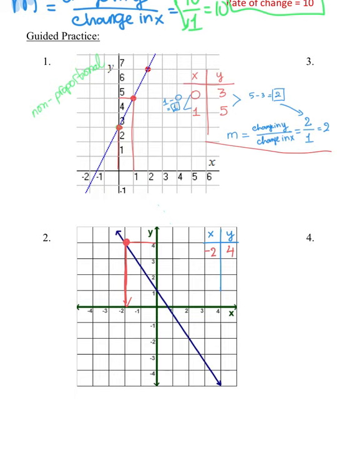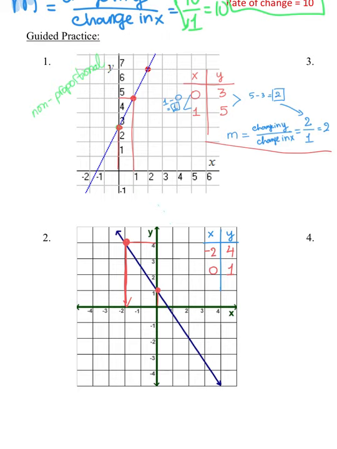The second point I will choose is this one. So my X is 0. My Y is stay at 1. So 0 and 1. Okay.